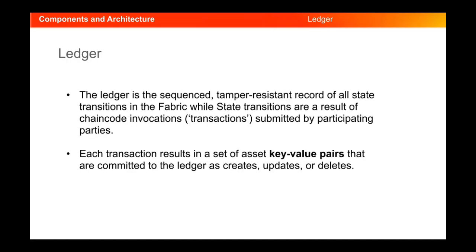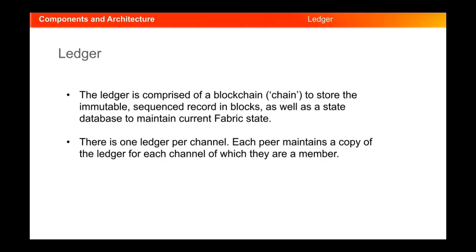The ledger is a sequenced, tamper-resistant record of all the state transitions in the fabric, while state transitions are a result of chaincode invocations or chaincode transaction invocations submitted by participating parties. Each transaction results in a set of assets, which are key value pairs that are committed to the ledger as the create, update, and delete transactions go on.